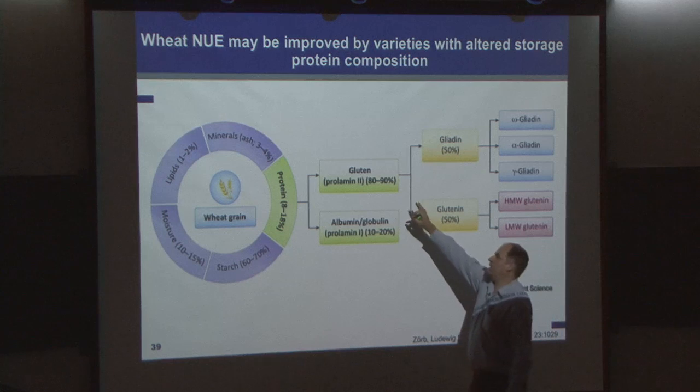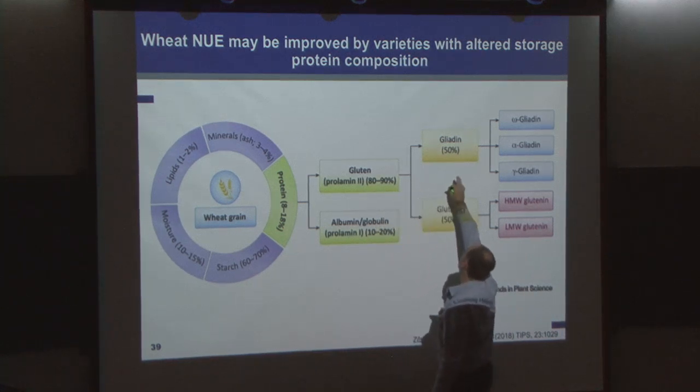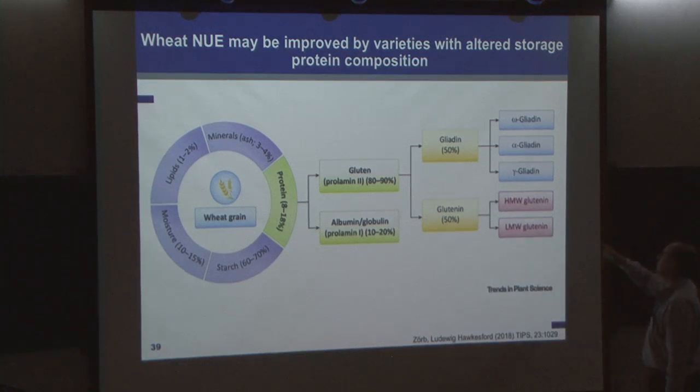Some fractions of the proteins are not associated with baking quality, but the glutens, which we can fractionate further into the gliadins and glutenins, and we have several of these, and many genes encoding individual omega gliadins or alpha gliadins or so.